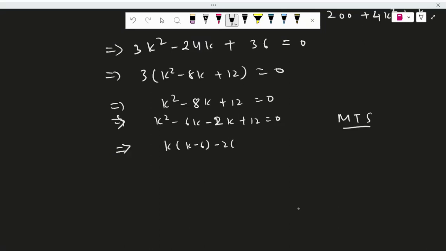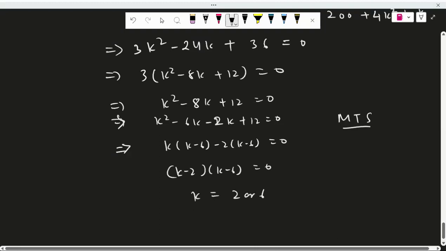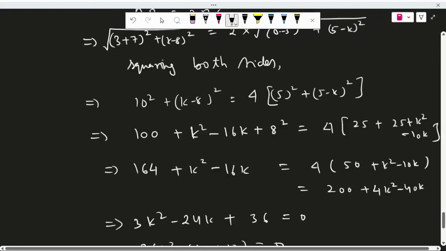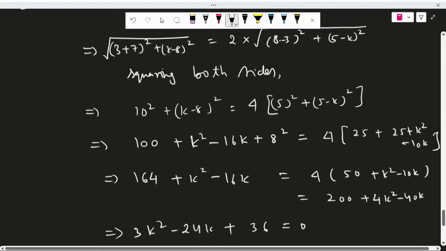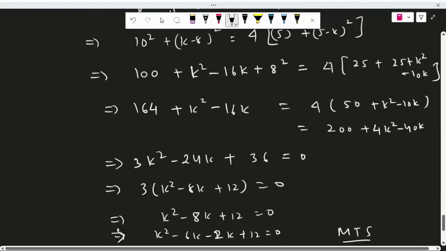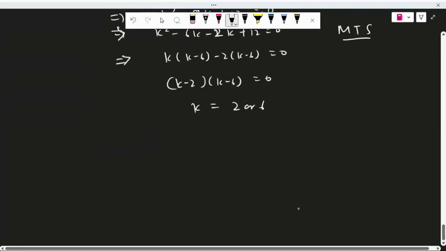So the value of k will be 2 or 6. We had to find the value of k only, so this will be the answer.